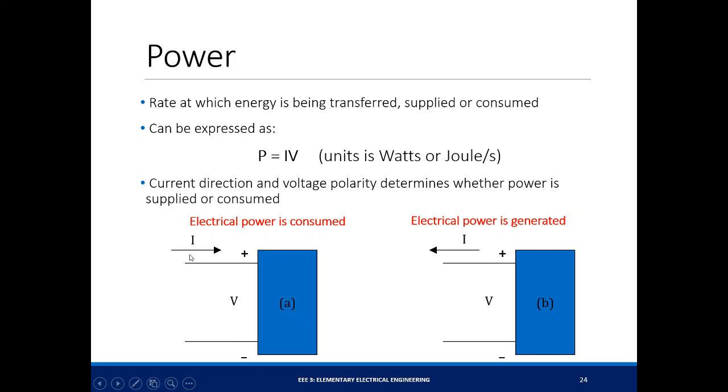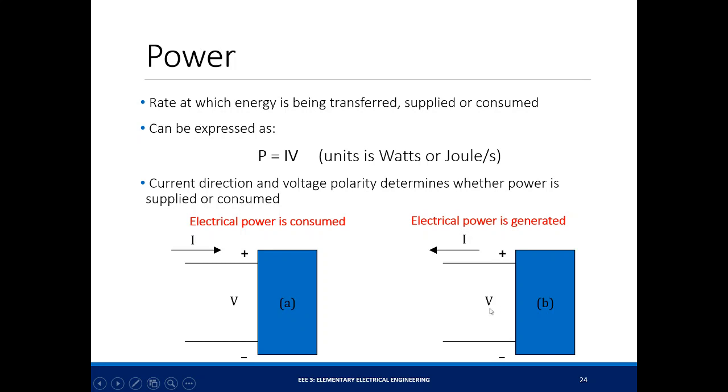So if that current moves from positive to negative, the device exerts no effort because it's the natural flow of things. Therefore, it expends work, or it consumes electrical power.